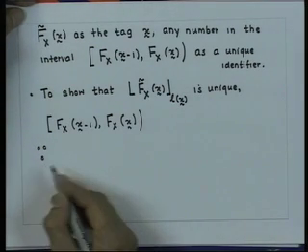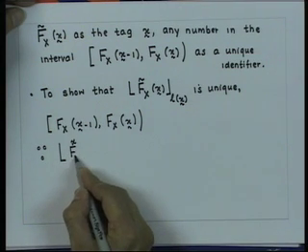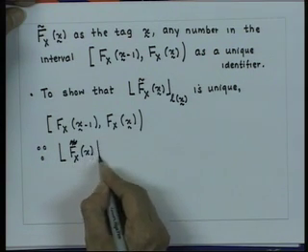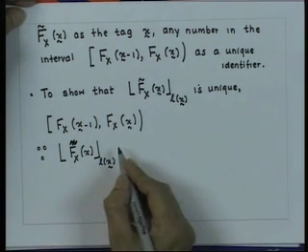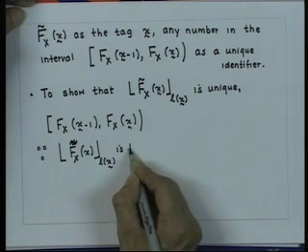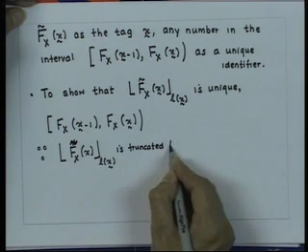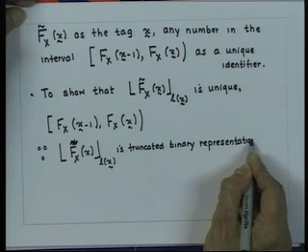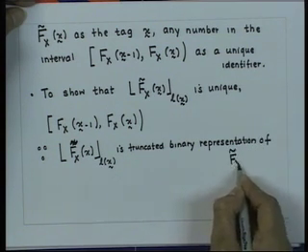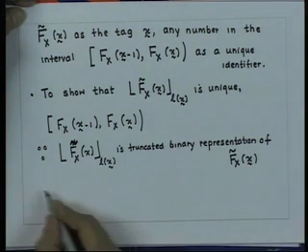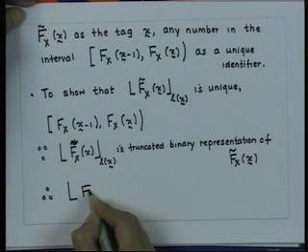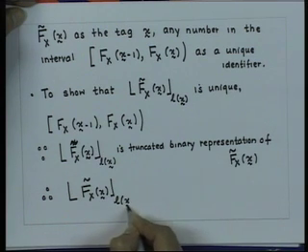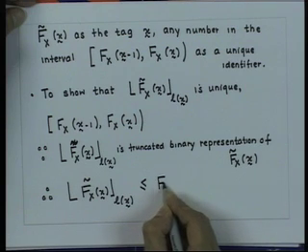Now, because this is the truncated binary representation of F tilde x, this implies that the truncated value of F tilde x is less than or equal to F tilde x.